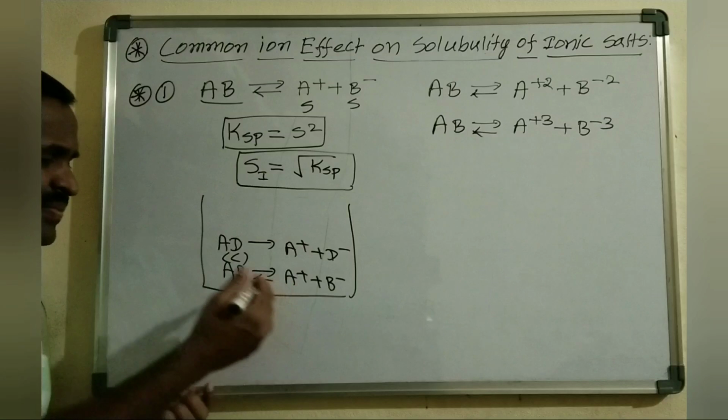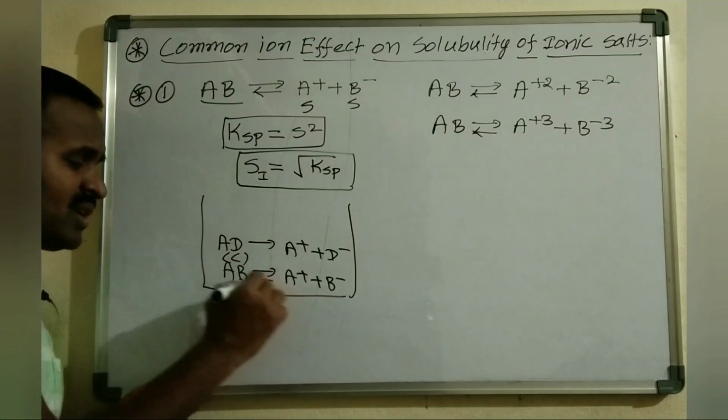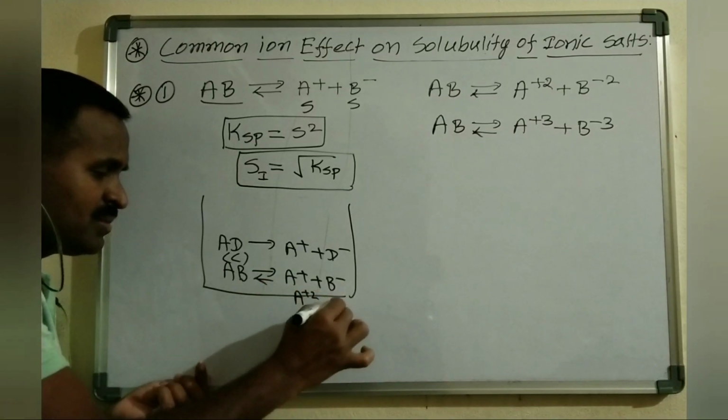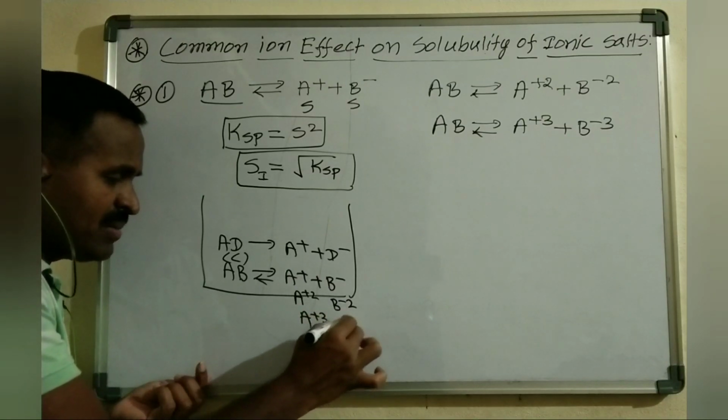It may be monovalent, bivalent, or even trivalent. You can take A plus 2 or B minus 2, or A plus 3 or B minus 3.